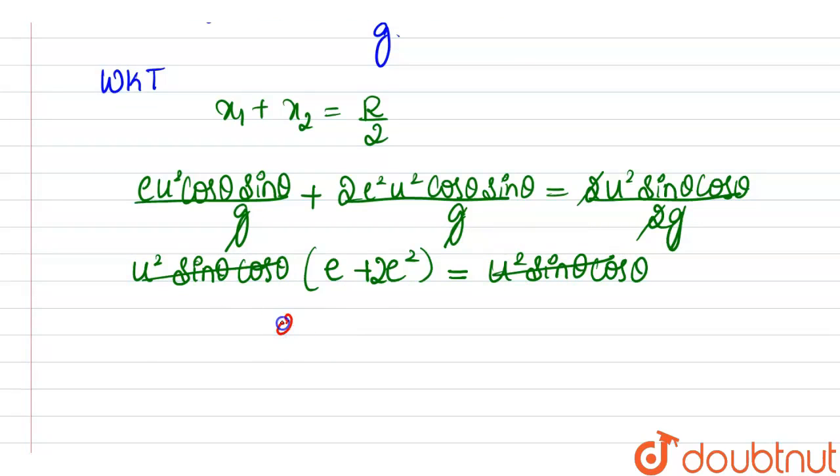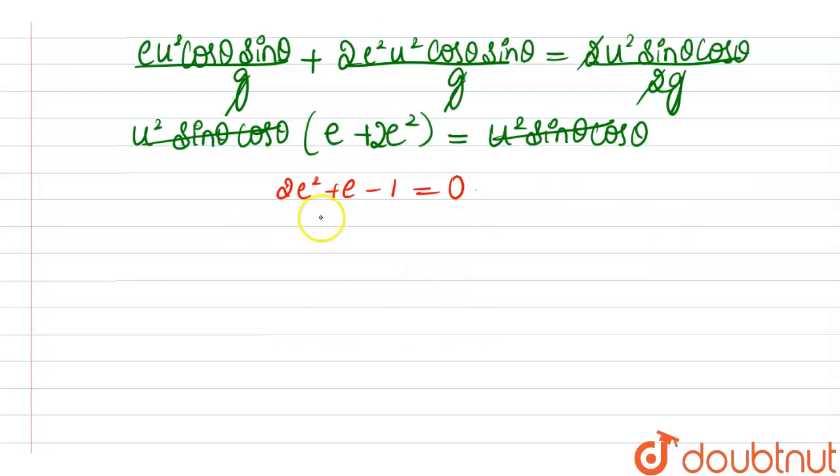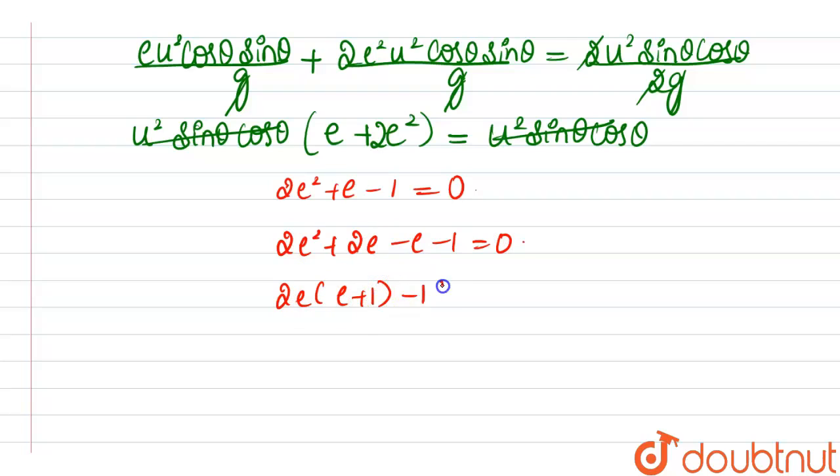Now we are left with 2e squared plus e minus 1 equal to 0. Writing this as 2e squared plus 2e minus e minus 1 equal to 0. Taking 2e common, we will have e plus 1, minus 1 common, we will have e plus 1 equal to 0. So 2e minus 1 into e plus 1 is equal to 0.